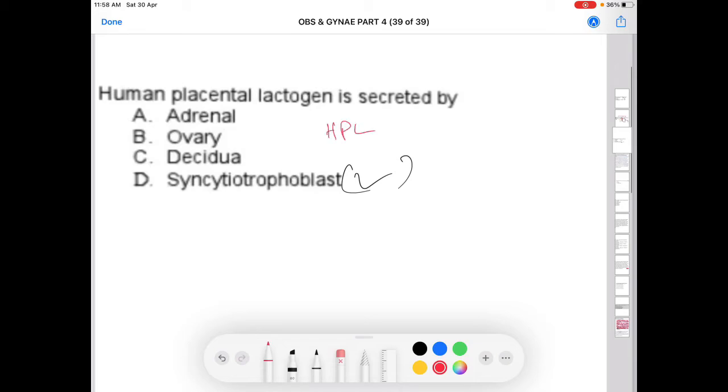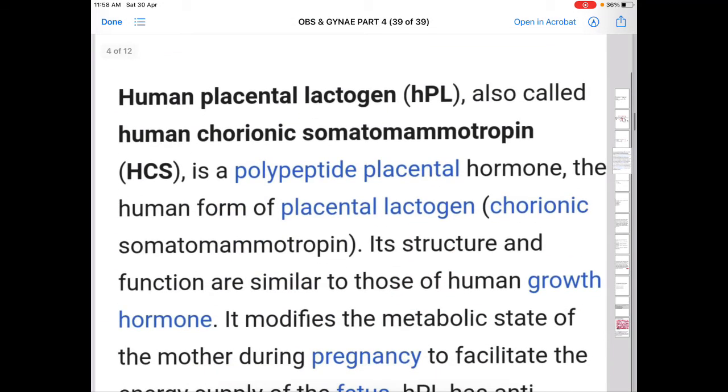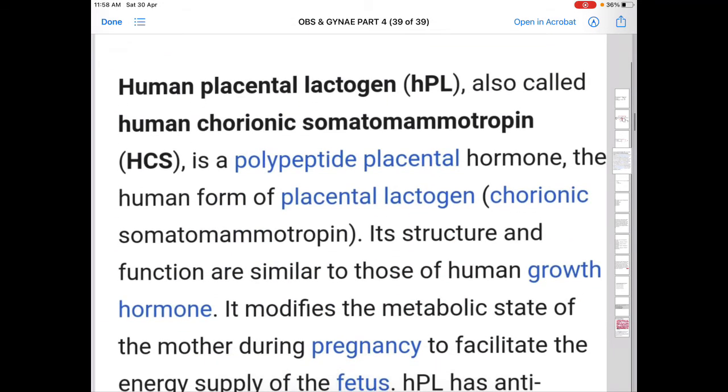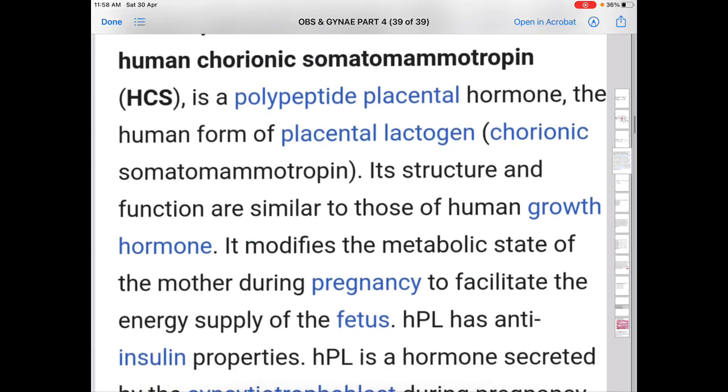This HPL helps to prevent gestational diabetes mellitus for mothers during pregnancy, because this HPL has an anti-insulin effect. We'll be discussing in detail about this. Human placental lactogen, also called human chorionic somatomammotropin, HCS, is a polypeptide placental hormone.